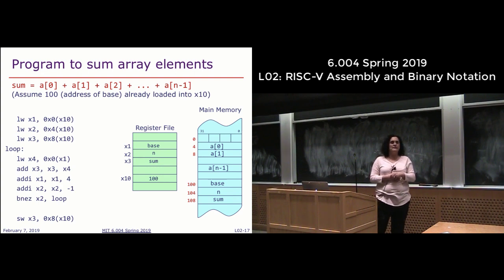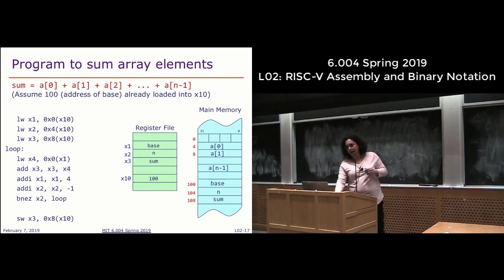What address is base stored at? 100. So if I have in register x10 the value 100, then what address am I fetching by doing 0(x10)? I'm fetching the address 100, okay?